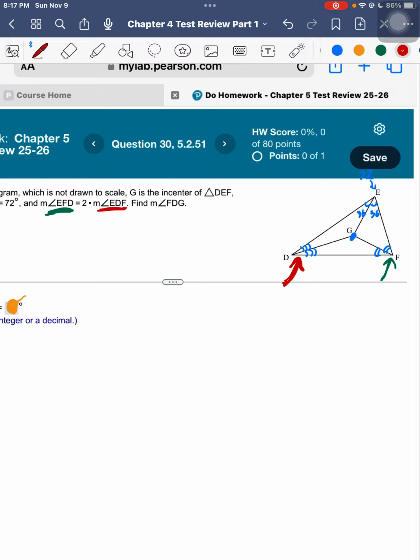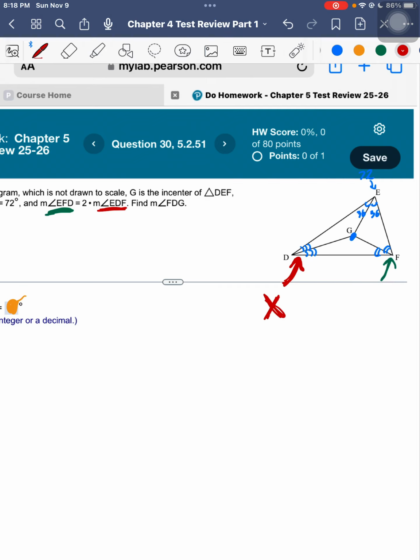So what is smaller, EFD, the green one, or EDF, the red one? Well, if EFD is equal to 2 times EDF, then which one has to be smaller? The EDF, because it takes 2 EDFs, the red ones, to make 1 green one, the EFD. So let's make the measure of EDF X.